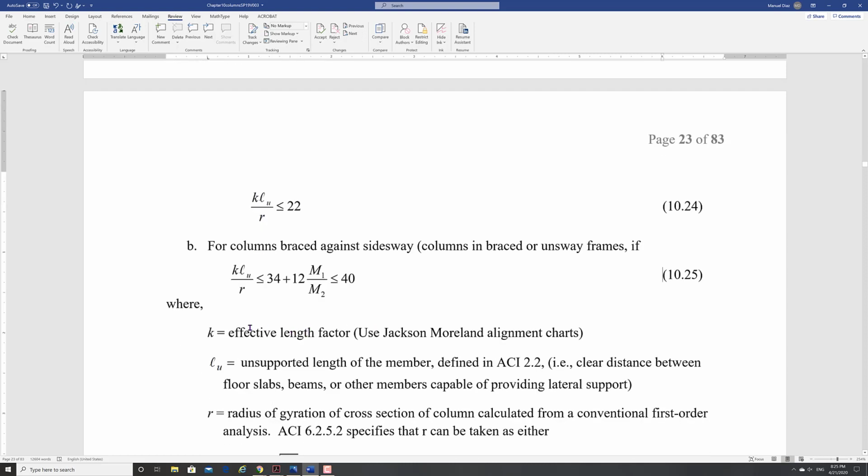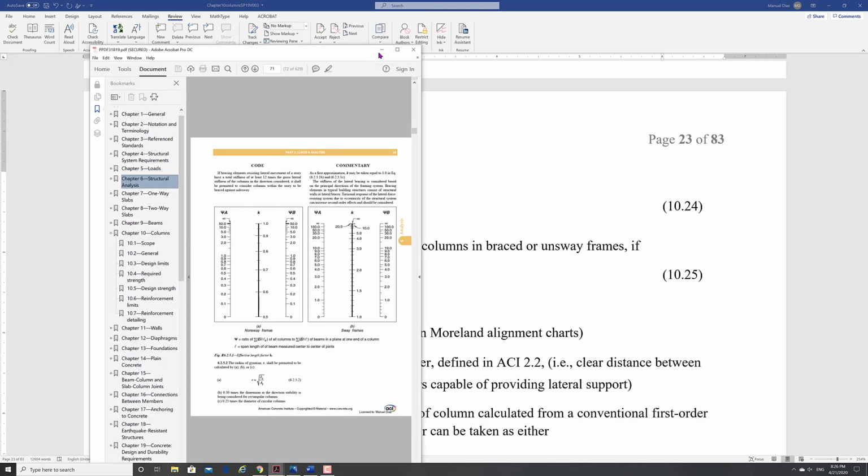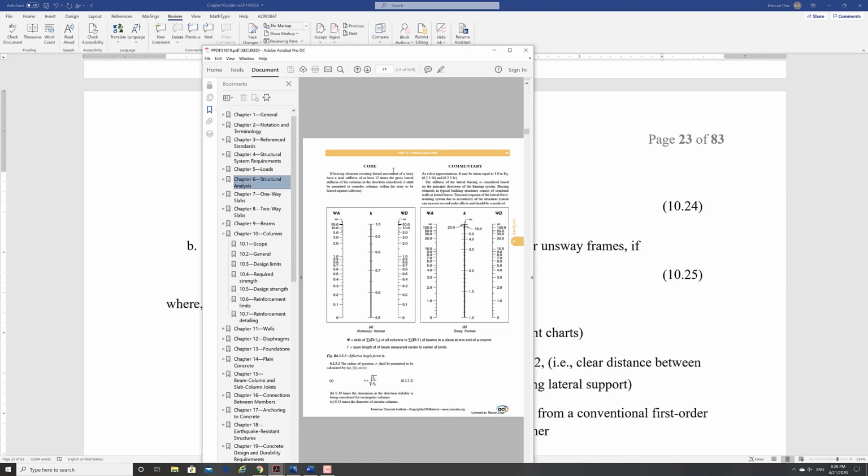So K, we already talked about it, is the effective length factor, right? For some of you that are taking steel, you've already seen it. You can use these charts, and you can find your K value. And notice there are two K values, one for non-sway and one for sway frames, right?